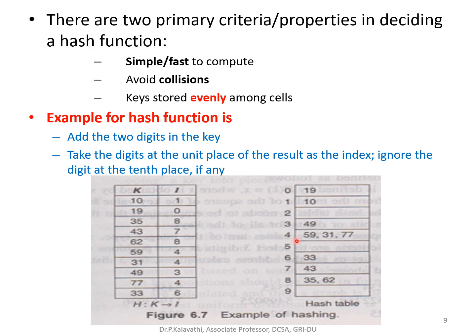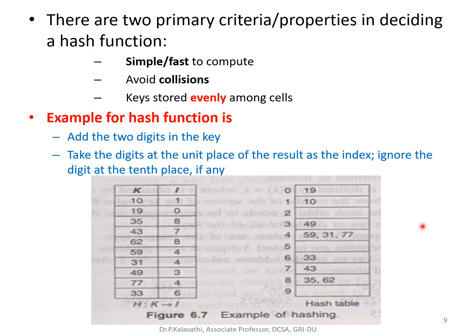Now you can see in the location 4, there will be 3 keys that need to be stored: 59, 31 and 77, because when you add 5 plus 9 it is 14, so the unit place is 4, so the location is 4. 3 plus 1 is 4 and the location is 4. 7 plus 7 is 14, the unit place digit is 4, so the location is 4.